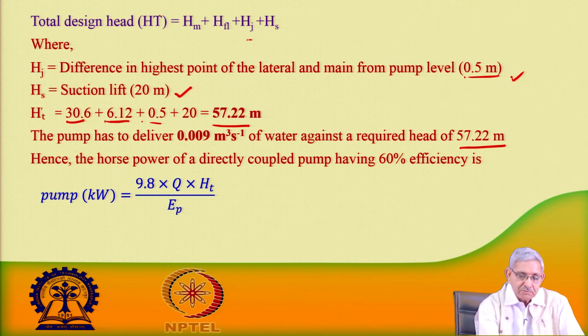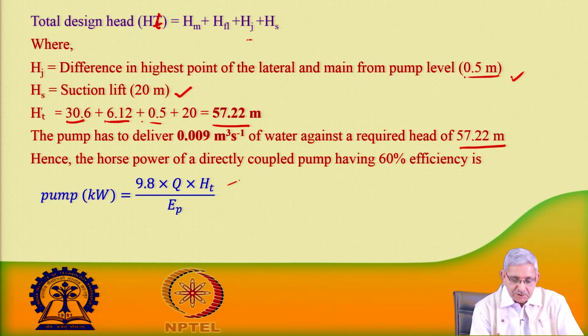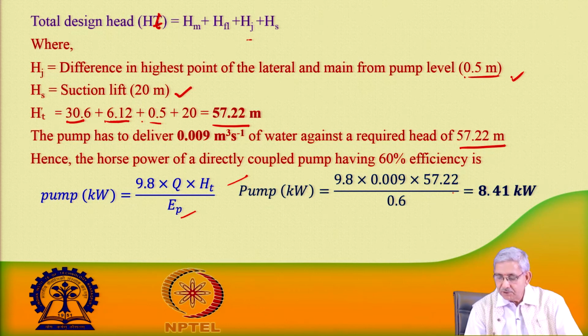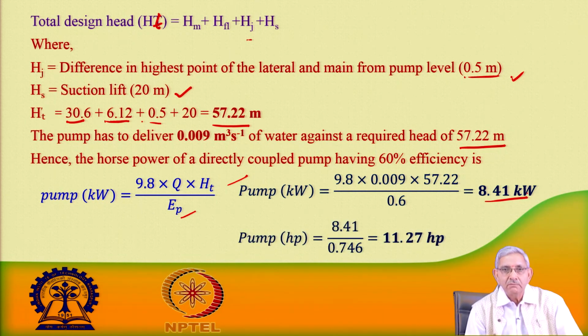This is the same Ht, small Ht, that we are using here. We substitute the values and get 8.41 kilowatt required, which in terms of horsepower of the pump is 8.41 divided by 0.746, that is 11.27. So 11.27 horsepower of the pump is required to operate the system.